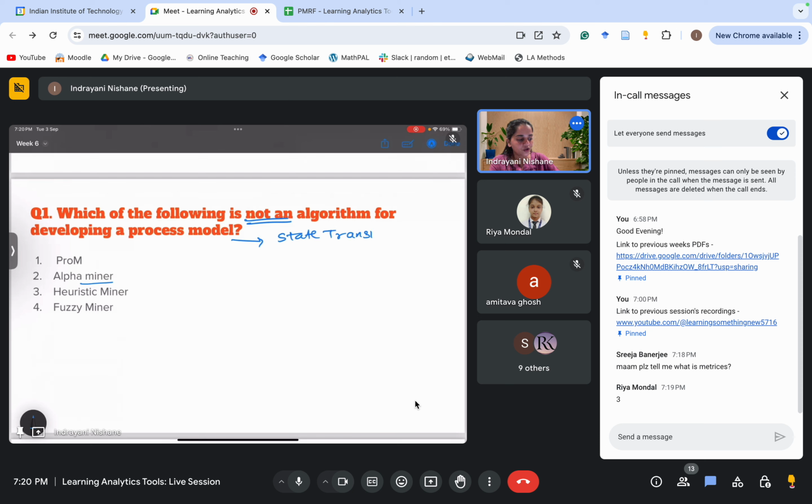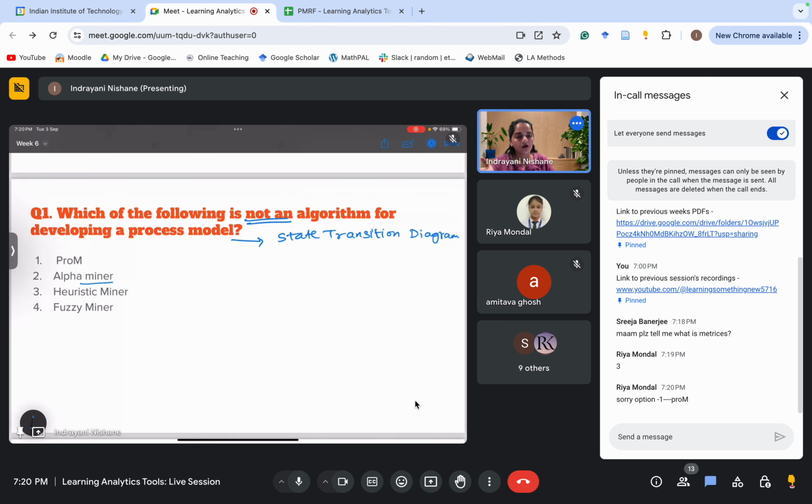So we drew state transition diagram for one single student's log data last week, but when we want to consider state transition diagram for entire group, what we do is we follow the process modeling.